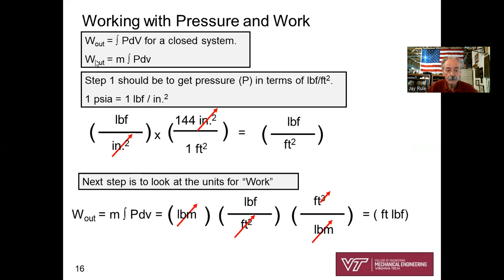And so ultimately, you're going to be wanting to get your pressure in terms of pounds per square foot. So when I'm working on these problems, immediately transform pressure in pounds per square inch, PSI, into pounds per square foot. And so work is going to have the units foot-pounds force.